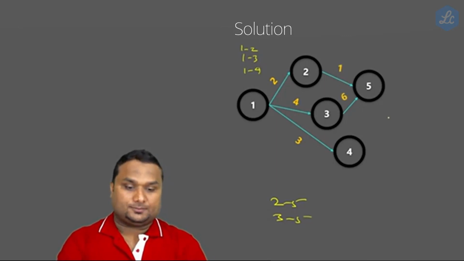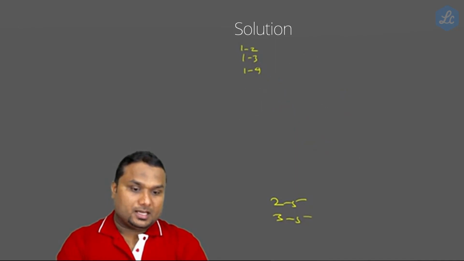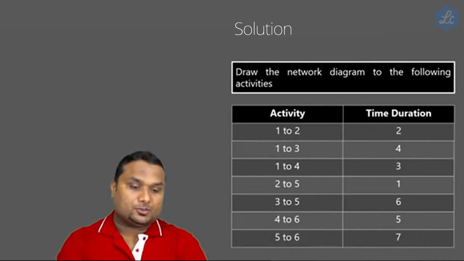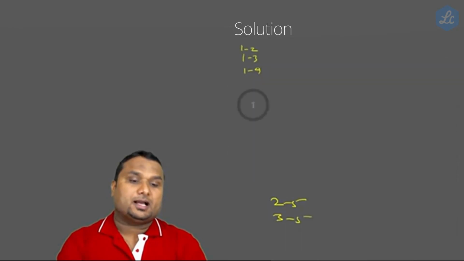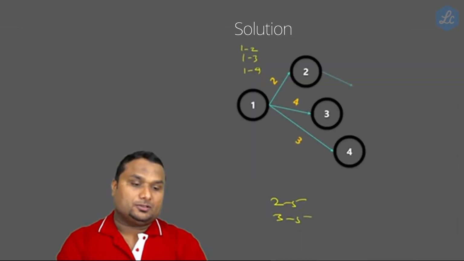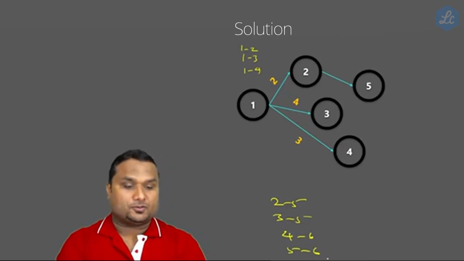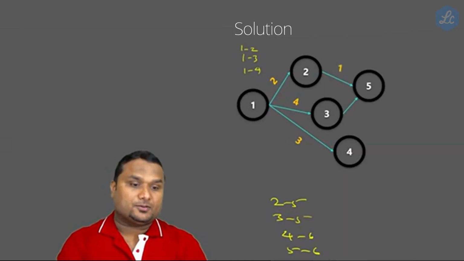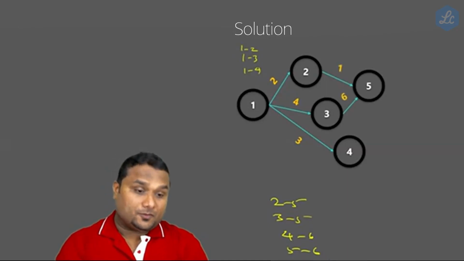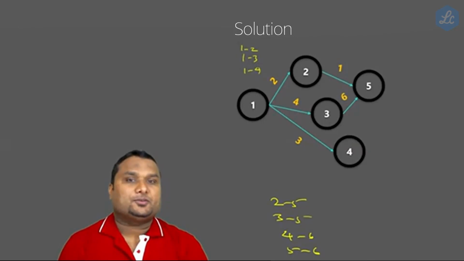Until this, is it clear? Then 2 to 5 is there, 3 to 5 is there. Then lastly 4 to 6 and 5 to 6. From 4 the ending value is 6.